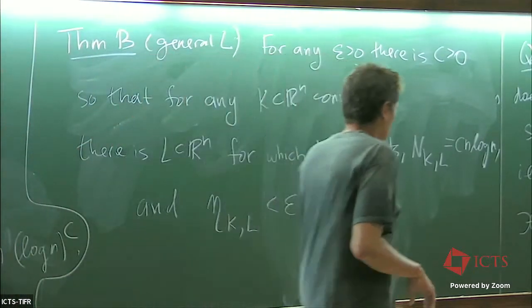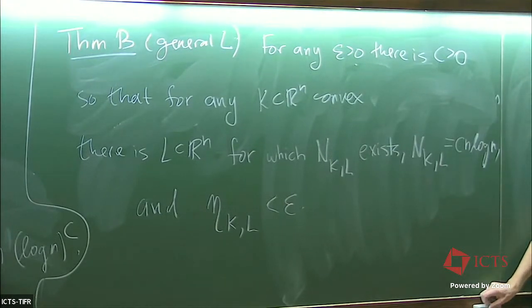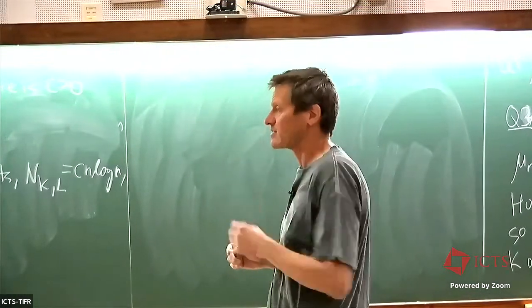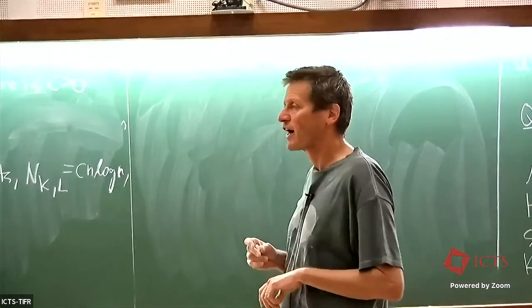When we talk about general L, a priori, we just mean some discrete set. But there's lots and lots of discrete sets in Rn, and how do you analyze them? They're sort of unstructured. The way you analyze them is you restrict to so-called periodic sets.